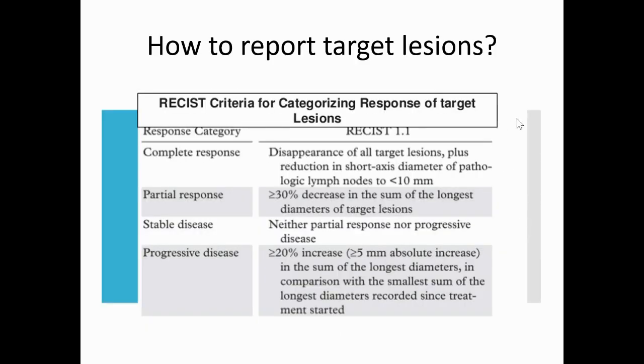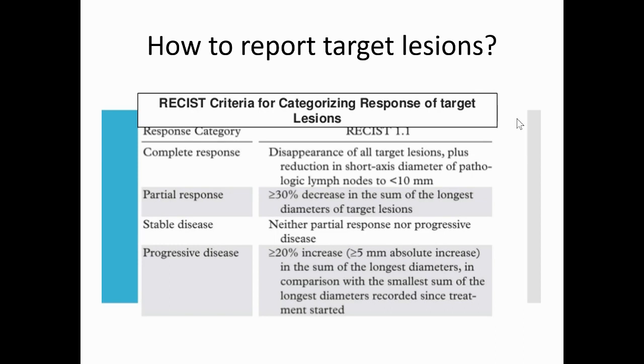So the idea of RECIST is that, let's suppose that you have a patient who has been diagnosed with unresectable lung cancer. So you perform the initial staging study, you pick out the target lesion and maybe some other lesions like lymph nodes and liver metastases, etc. You measure their greatest diameters, you add up those numbers, and then that's your reference number.